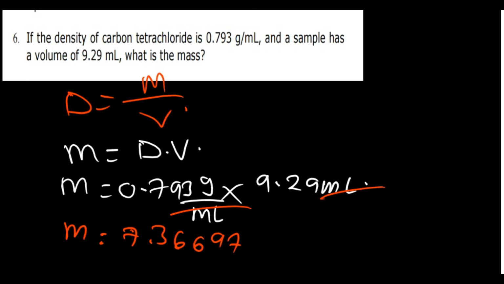But what we have to remember is that the density is in three decimal places, so we're going to leave the mass in three decimal places as well. So our mass is going to be 7.367, rounding off.